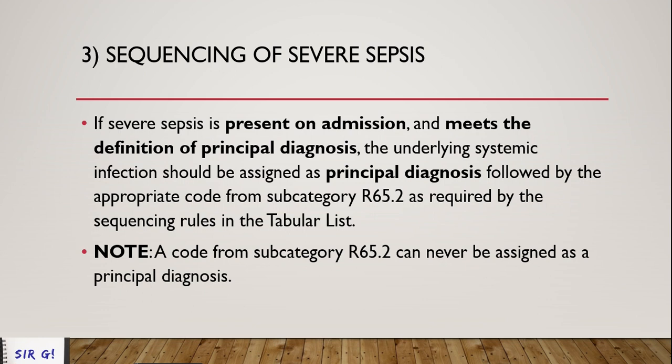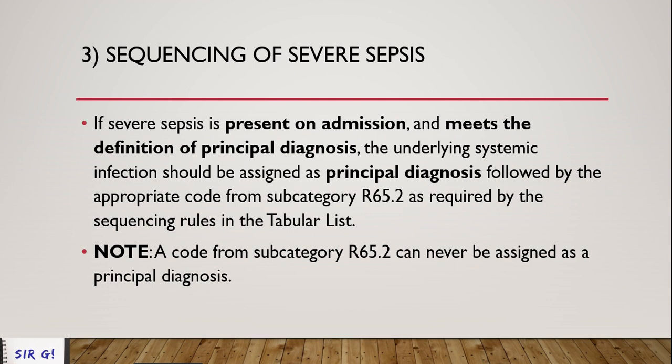Okay, so since we've been mentioning a while ago the sequencing of severe sepsis, if severe sepsis is present on admission, this guideline is for inpatient guidelines, but it's nice to know, guys: if severe sepsis is present on admission and meets the definition of principal diagnosis, the underlying systemic infection code should be assigned as the principal diagnosis, followed by the appropriate code for R65.2 if there's a severe sepsis.